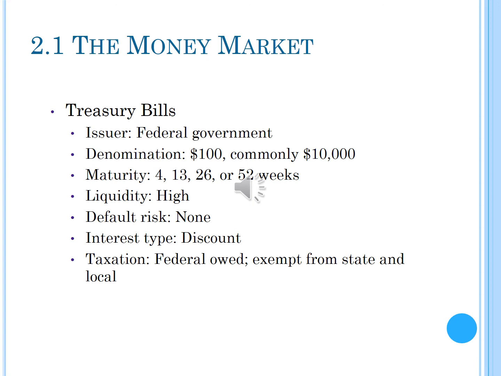In reality, they have a minor risk, but the risk is very unlikely, which is only in the case the United States government goes down, then the government would default on these treasury bills. So it's a very unlikely probability, and for that, these are usually used as the standard for risk-free assets.